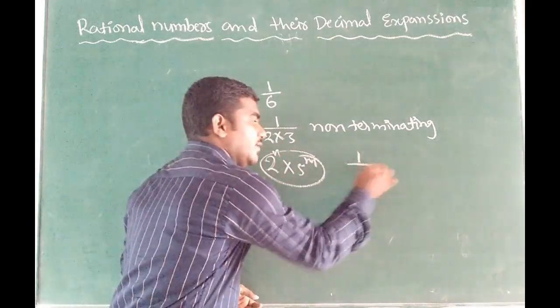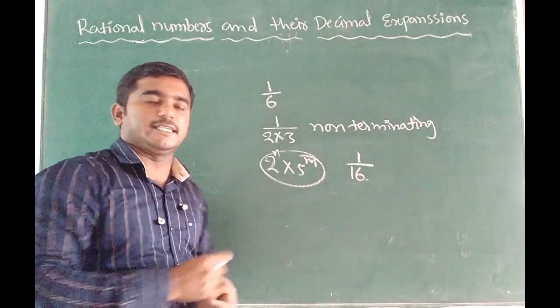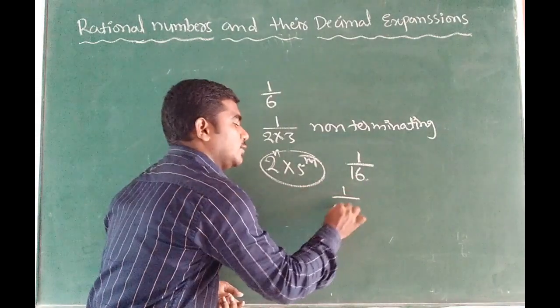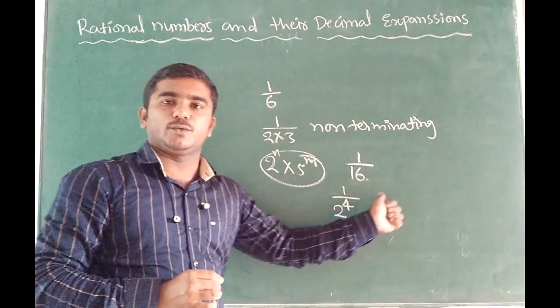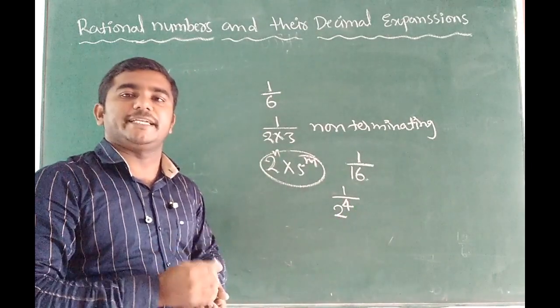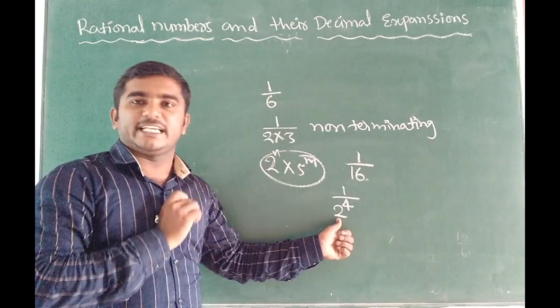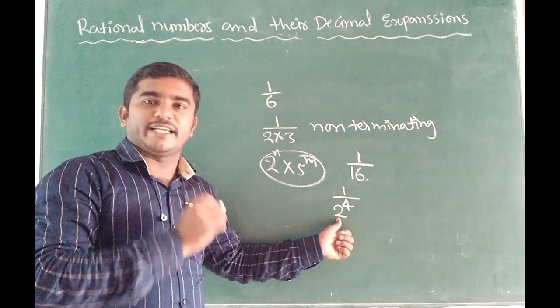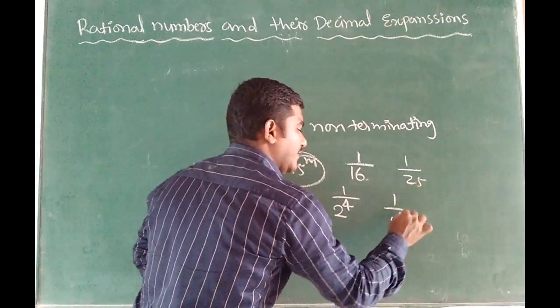For example, 1 by 16: terminates or non-terminates? 16 is nothing but 2 power 4, that is 2 into 2 into 2 into 2. So it terminates, because only 2 is a factor. Otherwise only 5 is a factor. Suppose you take 1 by 25, that is 1 by 5 square.